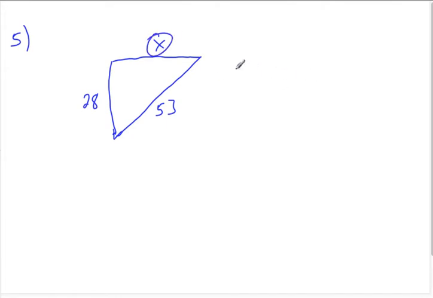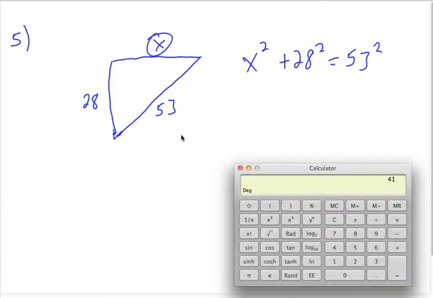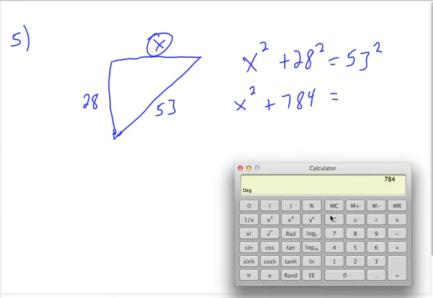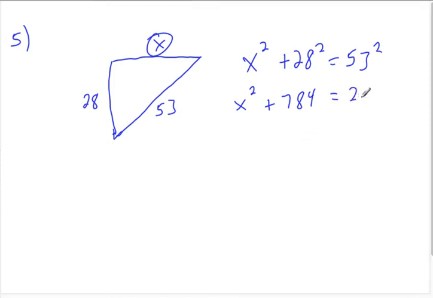So again, Pythagorean Theorem, x squared plus 28 squared equals 53 squared. Let's do 28 squared first. That'll probably be the fastest way to go. So 784. So x squared plus 784 equals whatever 53 squared is. Something that ends in a 9, I'll bet. 53 squared is 2809.